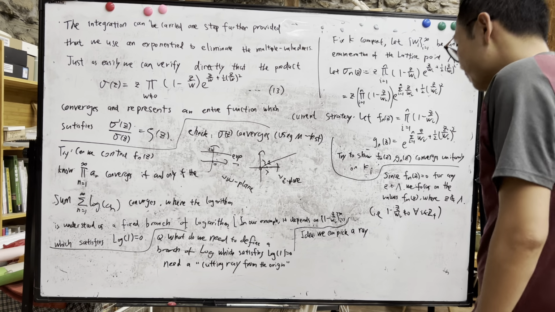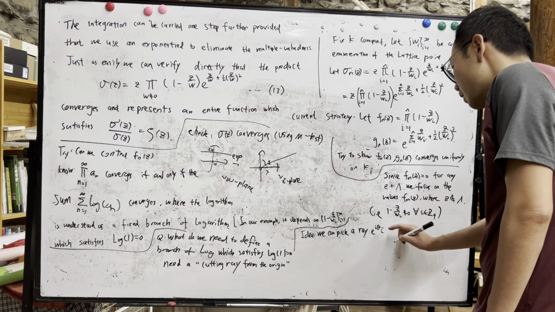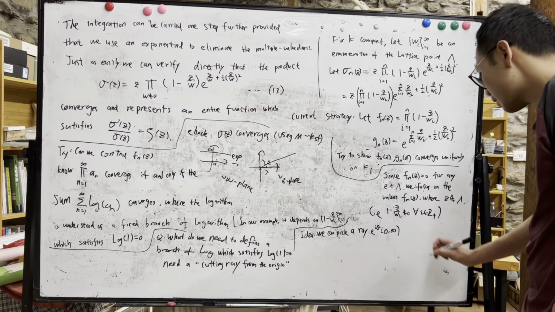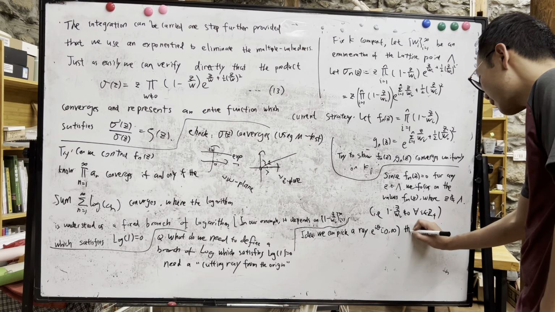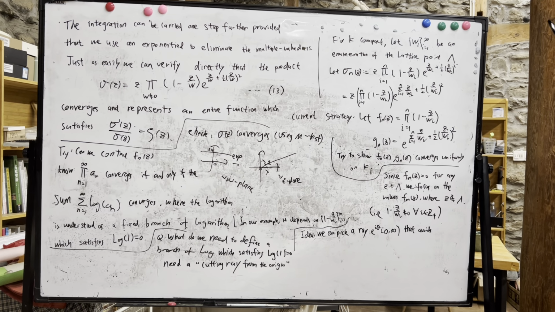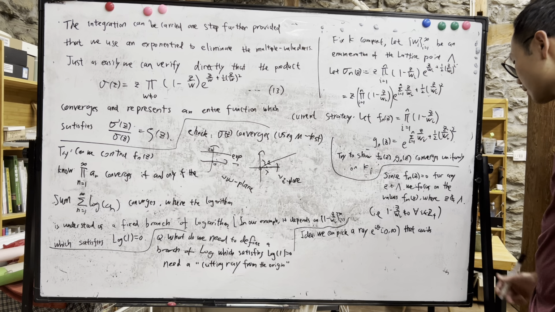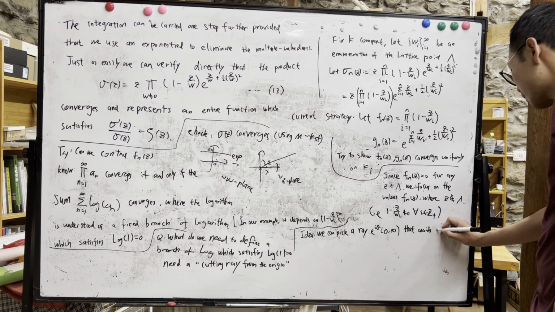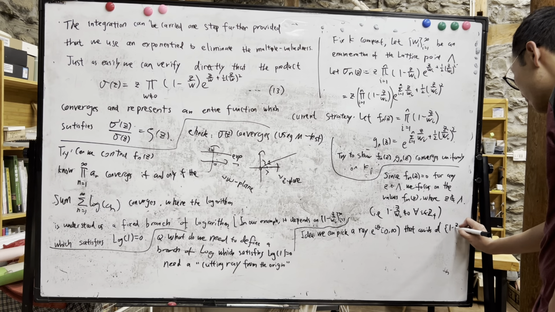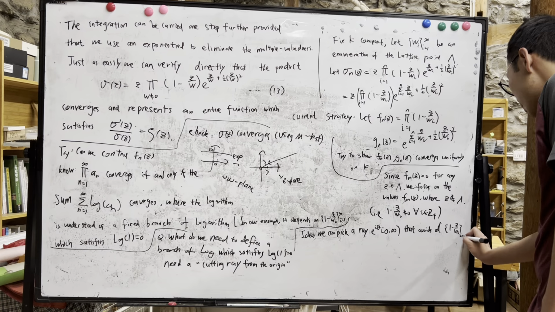Let's say e^{i theta} times the interval 0 to infinity that avoids all points 1 minus z over omega_i, where i goes from 1 to infinity.